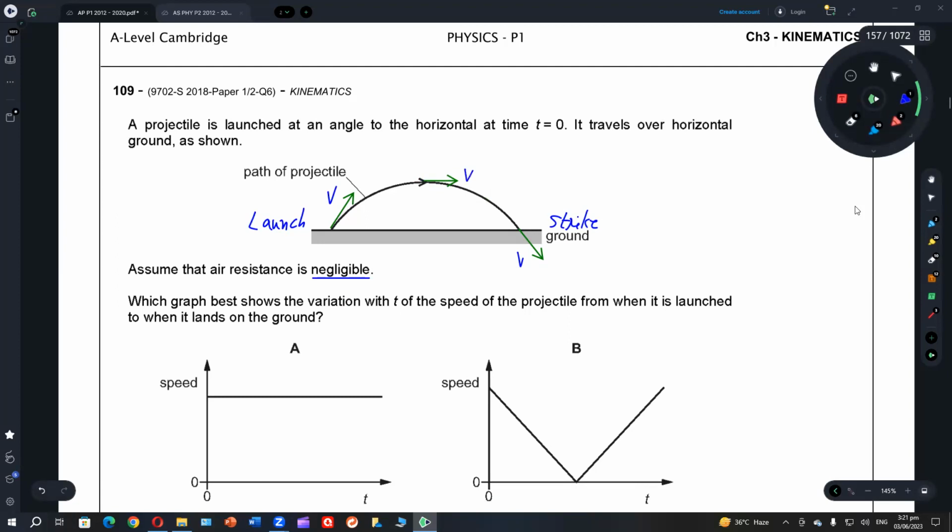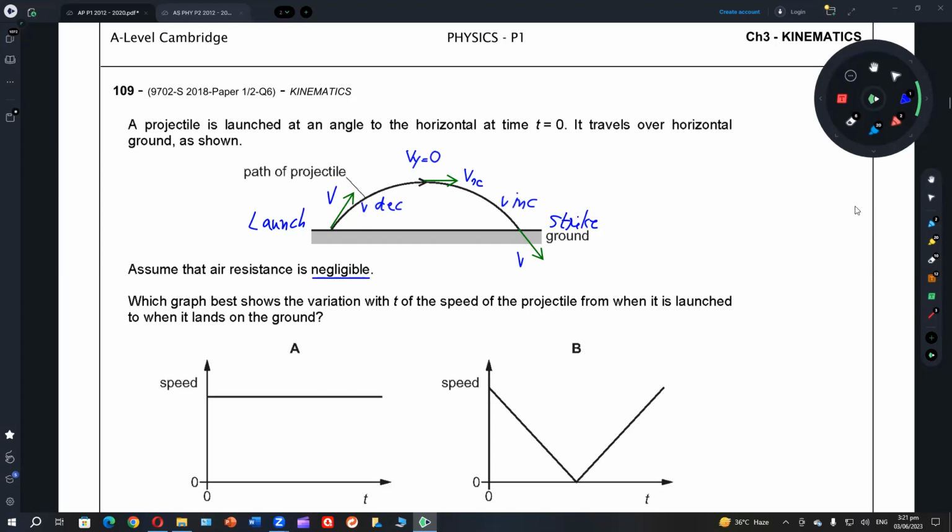The horizontal component will remain, and the horizontal will remain the same throughout.